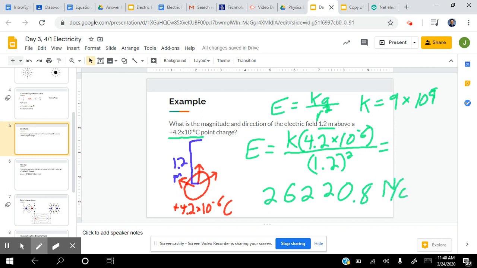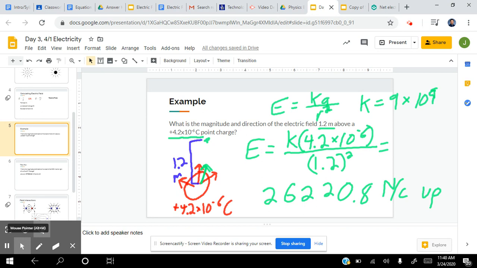It asks what is the direction of the electric field. Since this is a positive point charge, it is giving off field going away from the charge, and the point is 1.2 meters above it, so the direction is going to be up. So 26,220.8 newtons per coulomb, up.